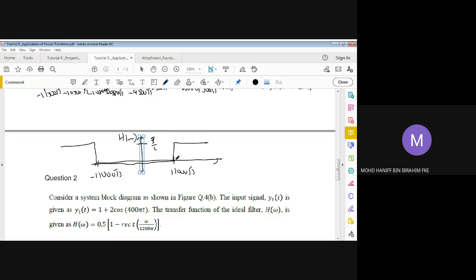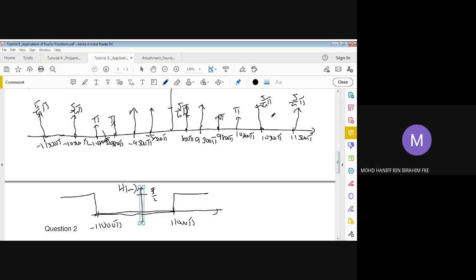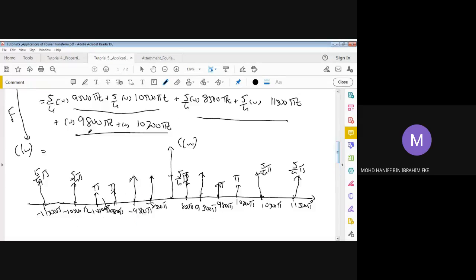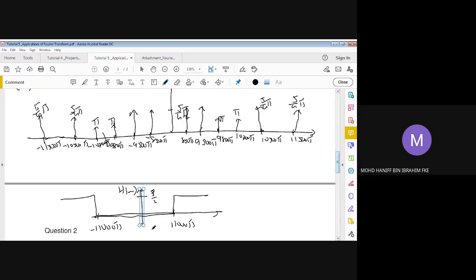Okay, so we know that the input to this filter H omega is this C omega. Input to the filter we have here is this one. If we base on these frequency values that we have and the filter's response, we can see that everything less than 11,000 pi shall be filtered out.